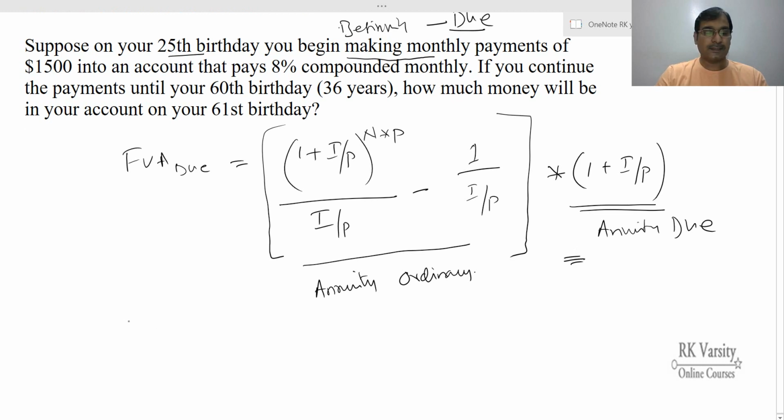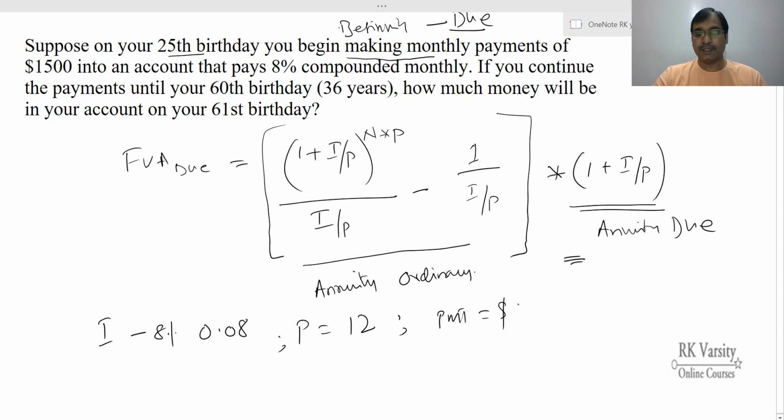Now in our example, the interest rate I is 8%, that is 0.08, and compounded on a monthly basis. So your P equals 12 periods, the payment is $1,500, and N, that is the number of years, is 36.